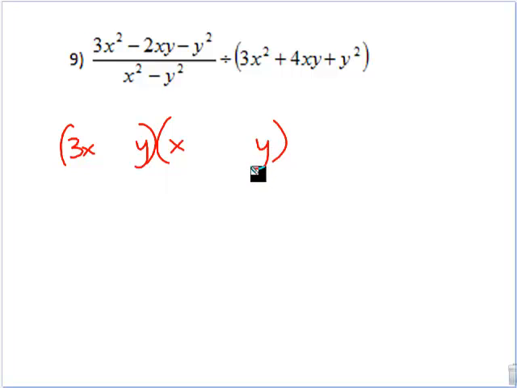Now we want to make our outside and our inside give us a negative 2xy. So our outside is right now a 3xy, and our inside is an xy. So what do the signs need to be on there to give us a negative 2xy? A negative 3xy and a positive xy. So we'll make the signs happen.